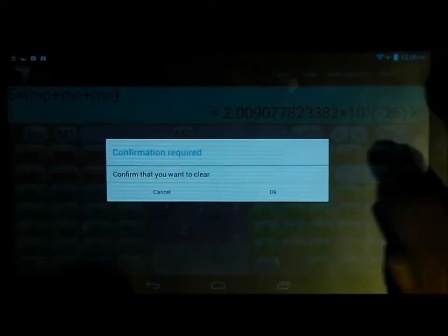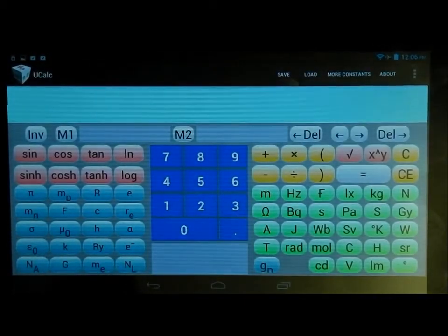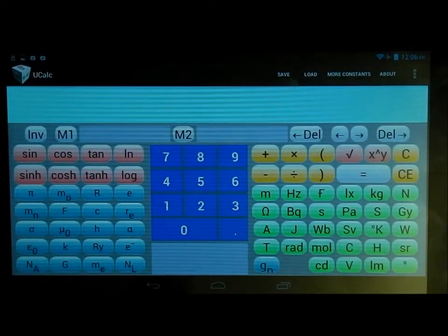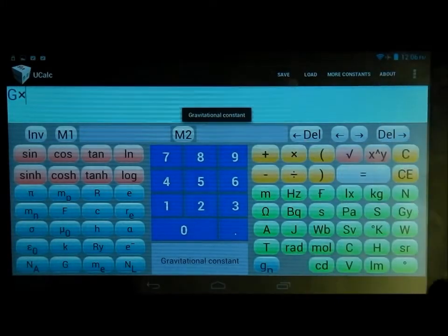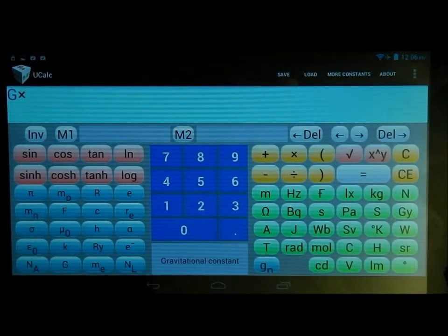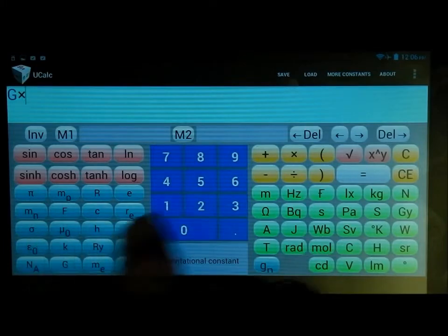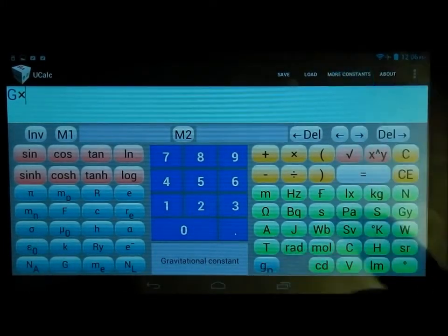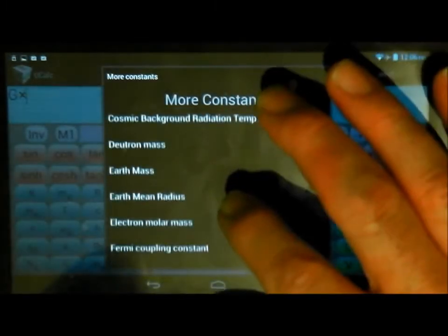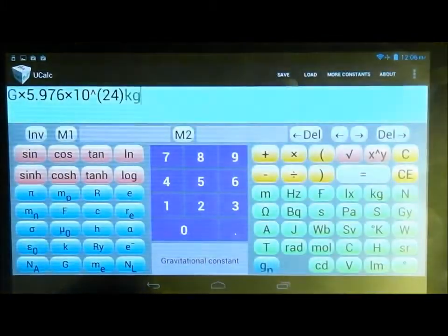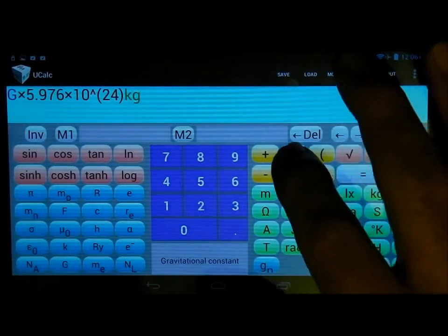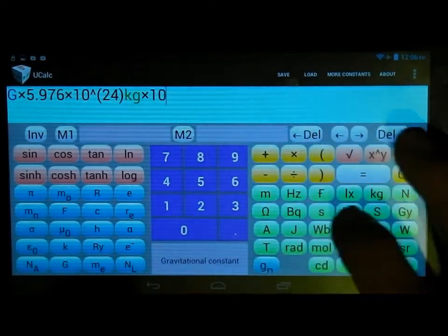You can get a bit more complicated than that. If you want to calculate the force of gravity at the Earth's surface on a 10 kilogram mass, we can start with the gravitational constant, which is capital G, times the mass of the Earth, and there's a menu entry here for more constants, so we can go to that and scroll through various constants that are defined here, times, say, 10 kilograms.